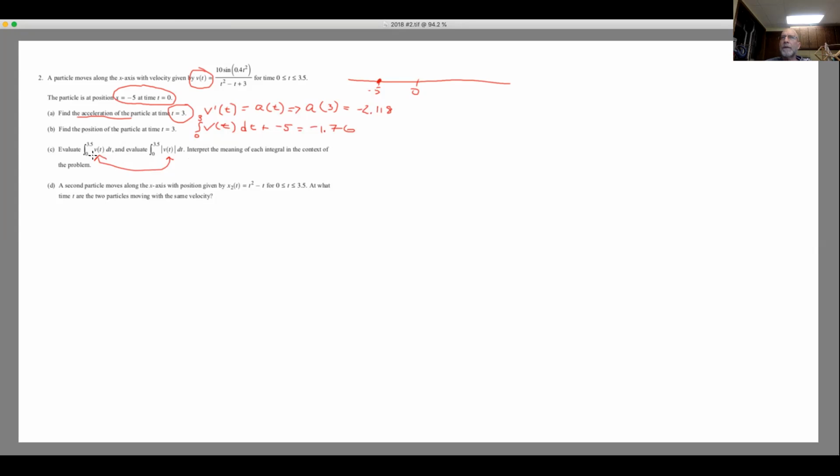And how is that different than not taking the absolute value of the velocity? The absolute value gives you the total distance traveled, and then the regular velocity gives you like the total distance traveled in a certain direction. Right. Well, so this, I agree.